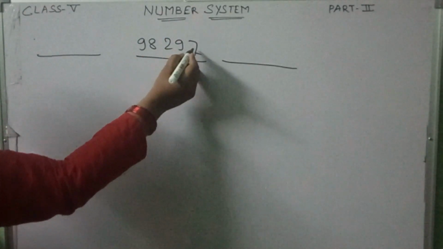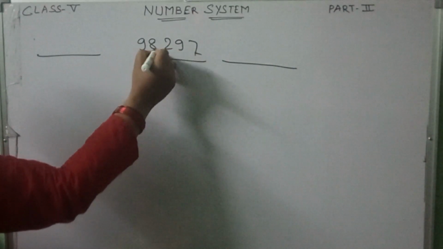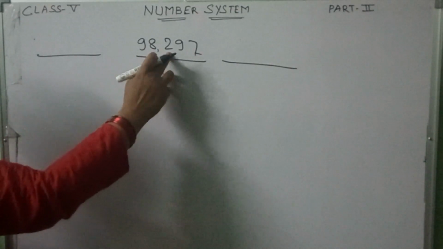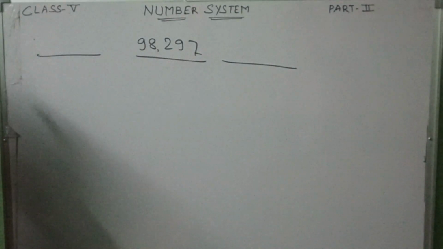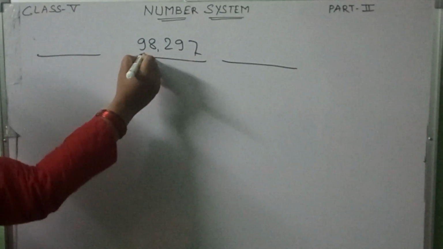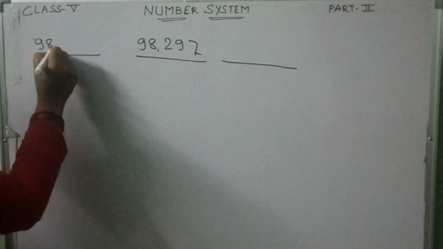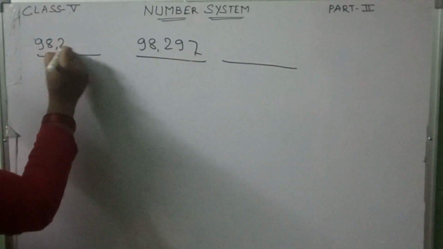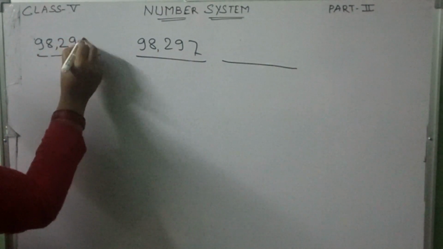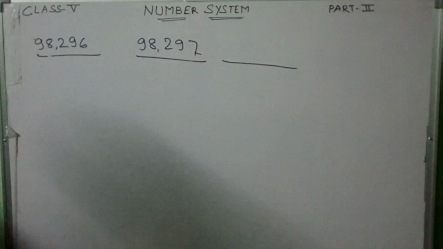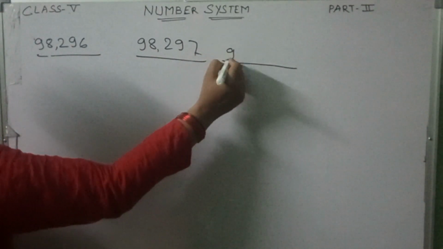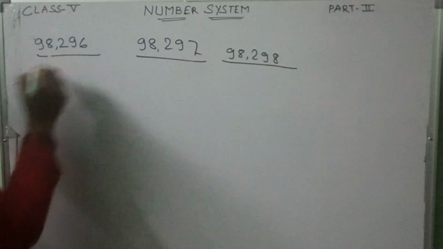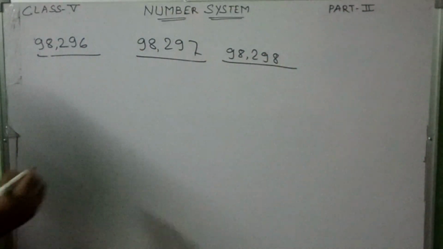So first you put the column, read the number: ones, tens, hundred, thousand, 10,000. 98,297. Just before what it will be? 98,000 and then 297. Just before 297 what we have to come here? 296. Right, here 296. And just after 98,298.